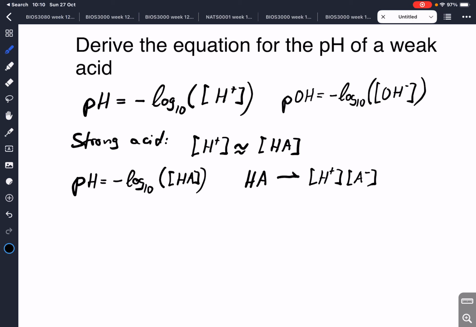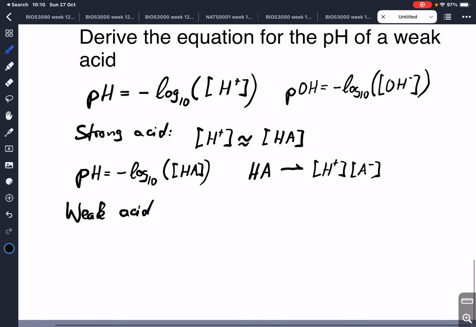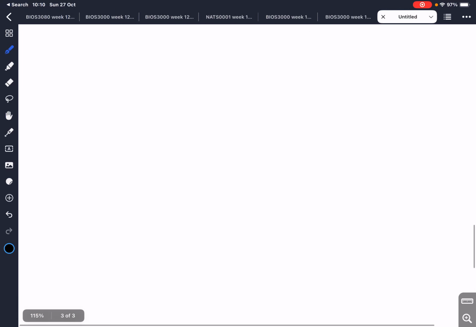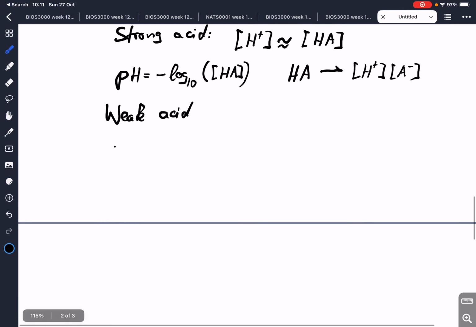Now, but what happens if we have a weak acid? In a weak acid, we still have this dissociation. We still have HA, but because it's a weak acid, this acid doesn't want to easily let go of the proton.